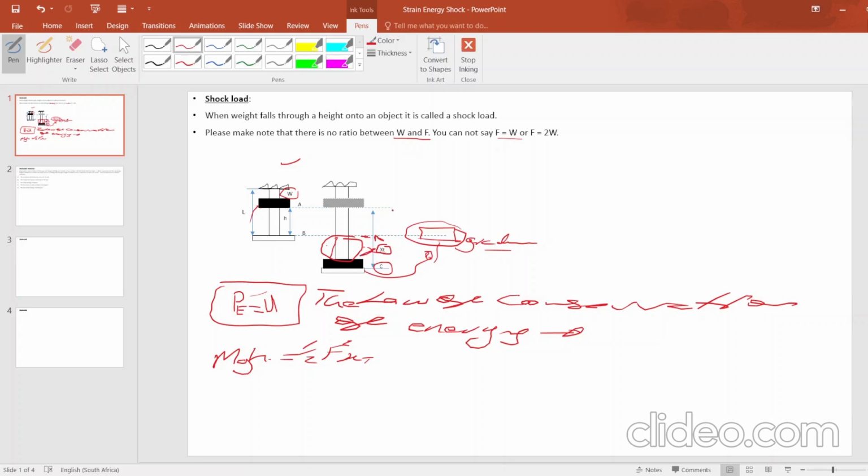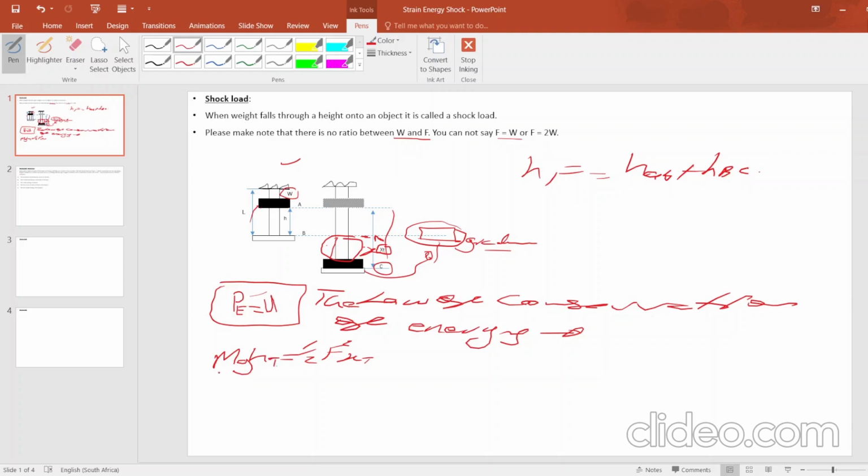That means the final length consists of the height AB plus BC, and here we can say it is HT.